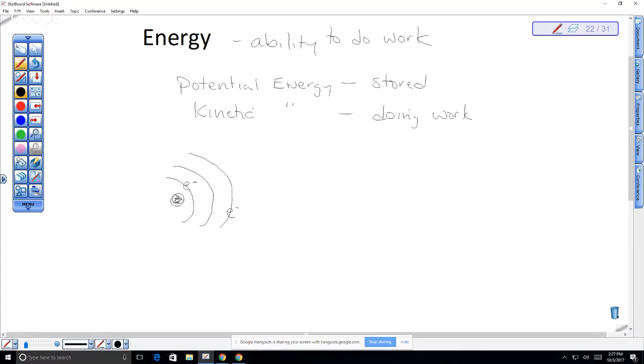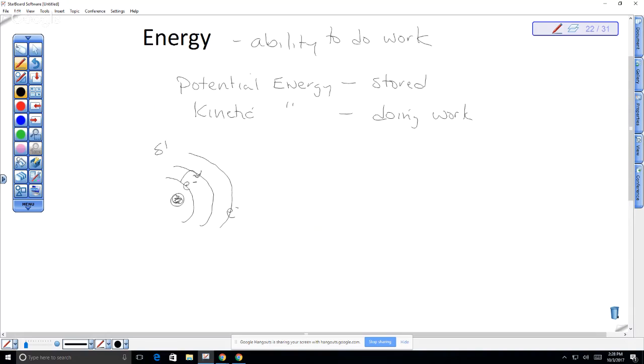So if I move this electron further away, it is a lot like moving two magnets apart. So I would have to put energy into it, so it would take energy to move it further away, right? But it would then have stored energy. So if I drew my line from this shell, this orbit, to this one, right, I would say that that is stored energy.